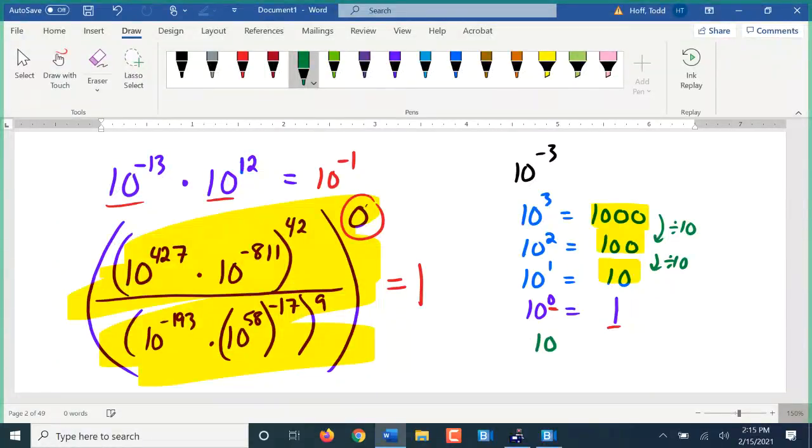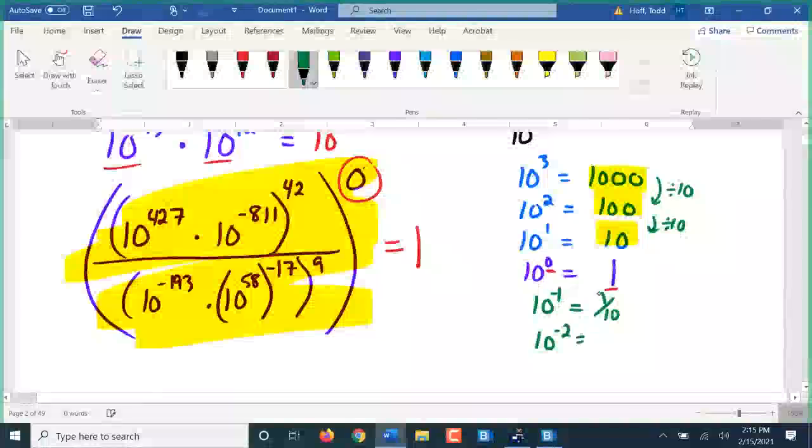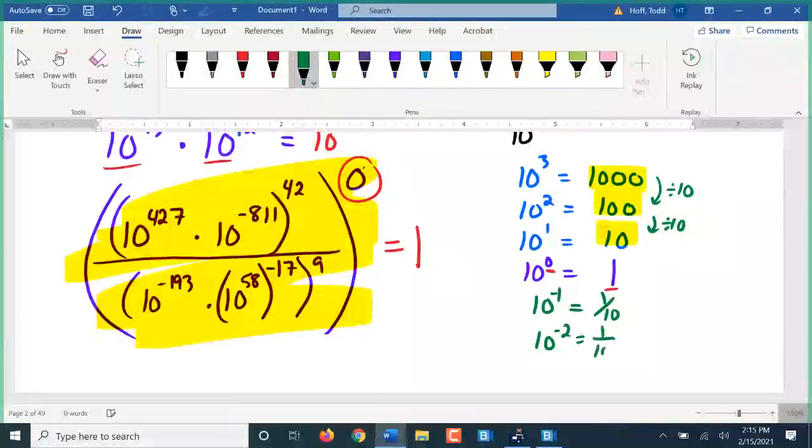So if we keep going with our pattern, reduce our power by 1, 0 minus 1 is a negative 1. We divide by 10. 1 divided by 10 is 1/10. Going on, 1/10 divided by 10 is 1/100. Well, it's the same pattern as when we were looking at our base values, 1,000.